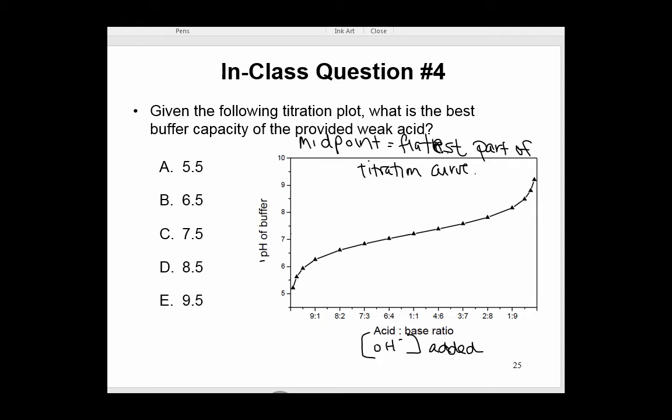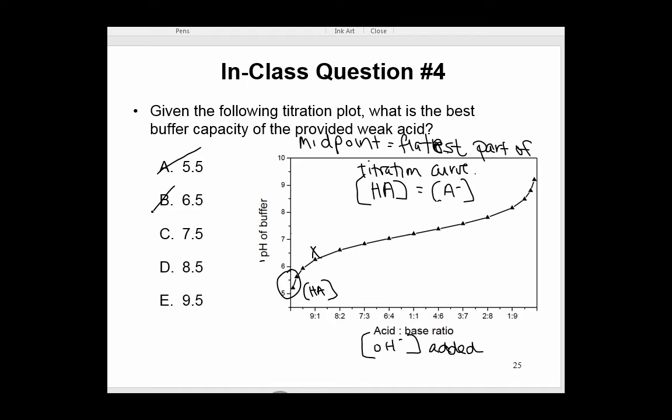So at a pH of 5.5, what form are we mostly in? Remember, the buffering is when the concentration of HA is equal to the concentration of A minus. So at a pH of 5.5, we really have all HA. So we're predominantly HA. So it's not that. At 6.5 here, we're getting better, but we're still predominantly HA.